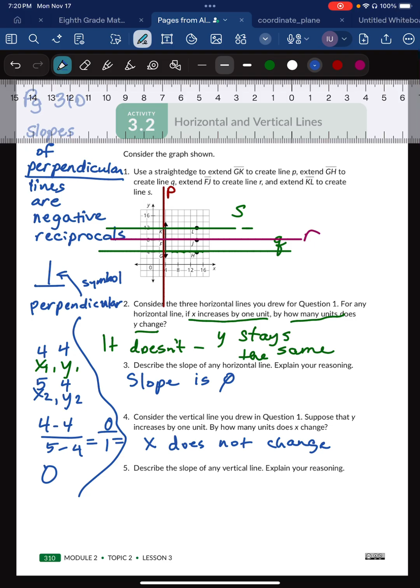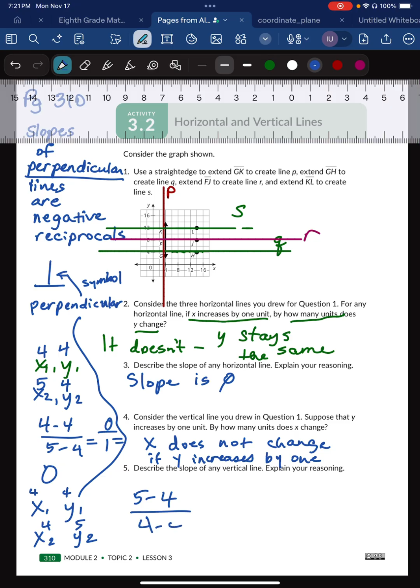Okay, x does not change if y increases by 1 on the vertical line. So what is the slope of any vertical line? Well, we already talked about it a little bit. Let's do this again, x1, y1. If x1 is 4 and y1 is 4, and x2 is 4 and y2 is 5, then we would say 5 minus 4 over 4 minus 4.